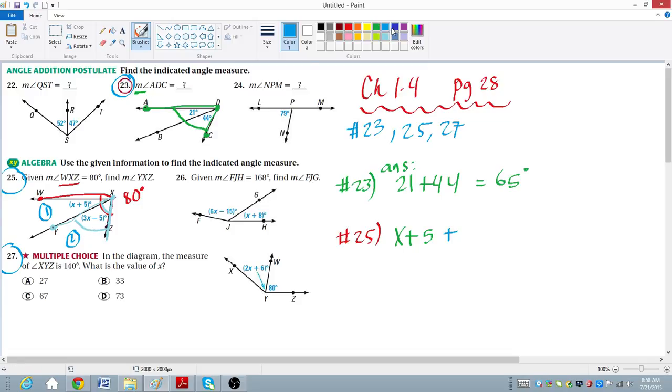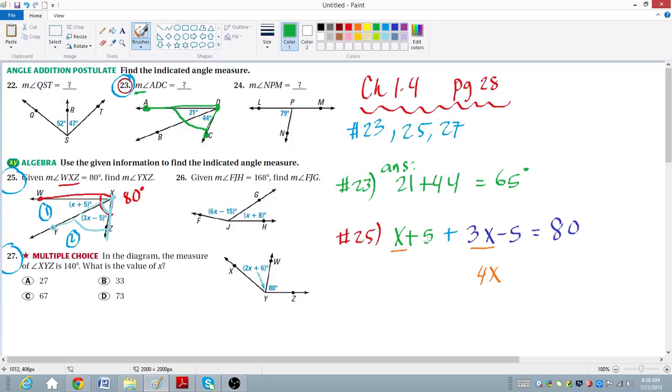So let's do 3x minus 5 equals, well, because I know that angle 1 plus angle 2 equals 80 degrees, 80. Now I'm just going to solve for x. So let's see, I'm going to combine like terms. X here and x here, that'd be 4x. The 5 here, this is a positive 5.